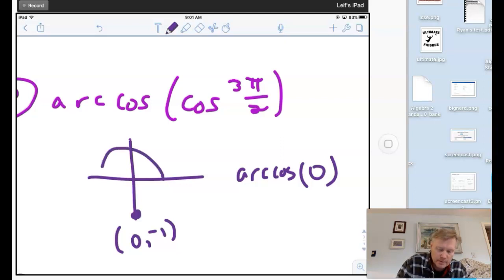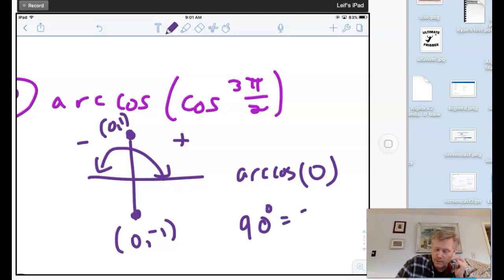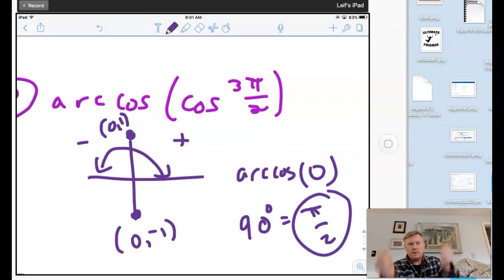But remember, this has to be between here and here for the cosine, which means the other one is the counterpoint, which would be 0, 1. So that one also has an x-coordinate of 0, which means that's the one I want, because 90 degrees, which is pi over 2. Because the cosine is the one that goes between quadrants 1 and 2. Okay.